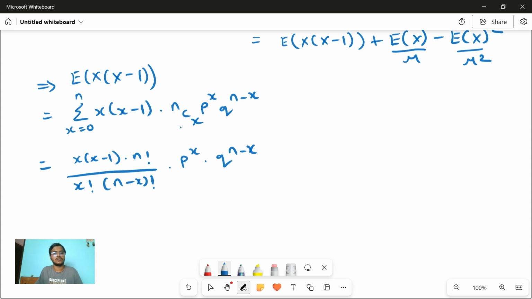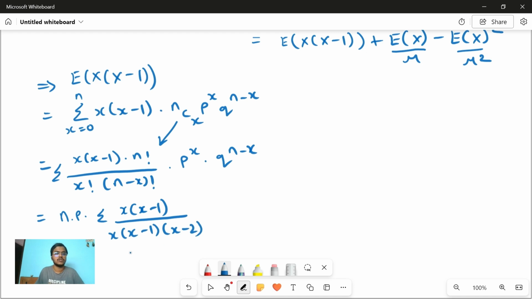I'm just expanding the nCx part. Similarly, now we'll take n outside, p outside, and do sigma, sorry, I forgot sigma here. Sigma X into X minus 1 by X into X minus 1 into X minus 2. Understood? I'll do it in the next step, and factorial, p power x into q power n minus x.